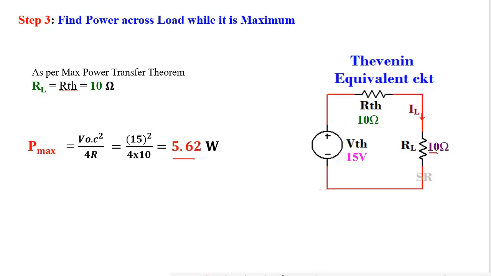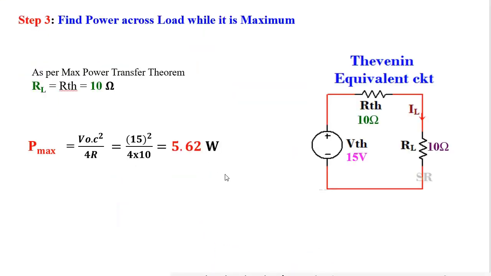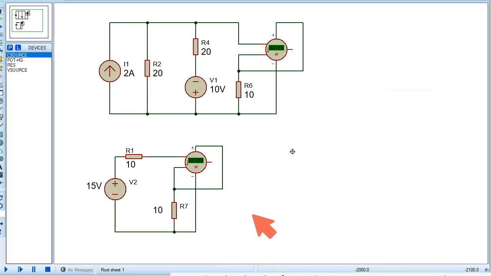Now checking whether my calculation is okay or not. This equivalent circuit has VTH 15 volt, RTH 10, and the load resistance is the same 10 ohm. The same load resistance has been used here in the main circuit. Now if the power at the load in the main circuit and the power at the load in the equivalent circuit are the same and equal to 5.62 watt, then it will be confirmed that my calculation is perfect.